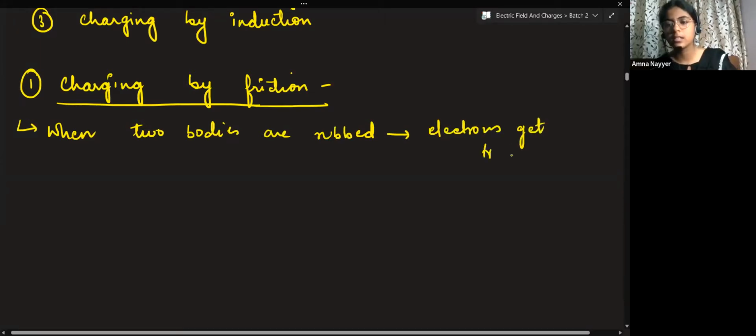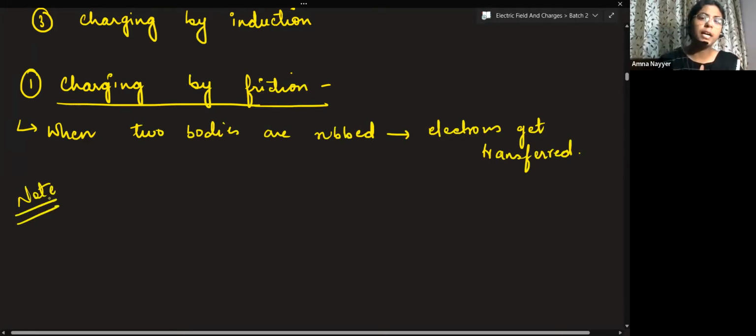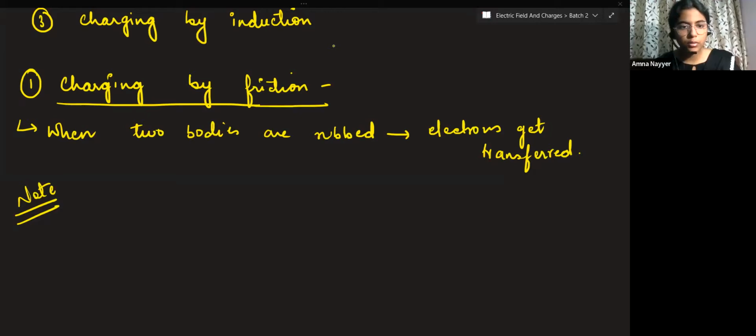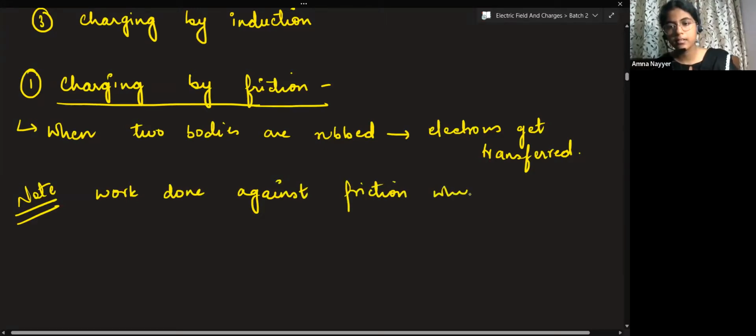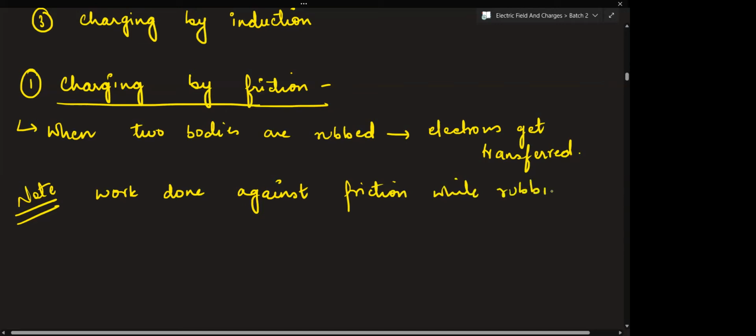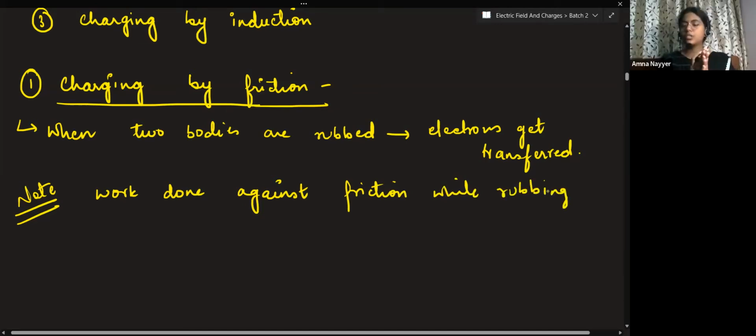There is a simple reason behind it: the work done against the friction while rubbing. Whenever two bodies are getting rubbed past each other, the work done to overcome this force of friction generates heat energy.